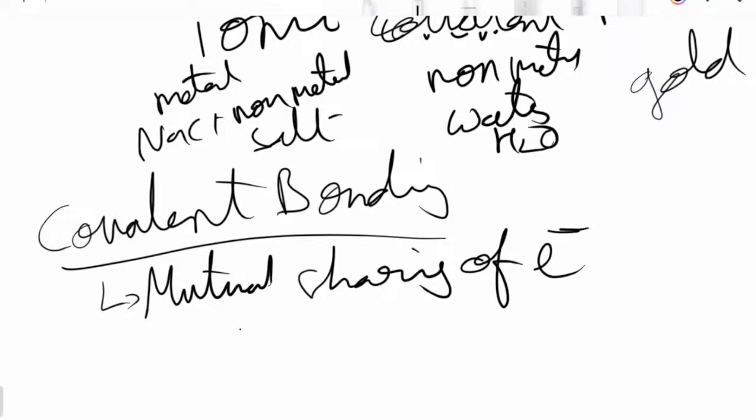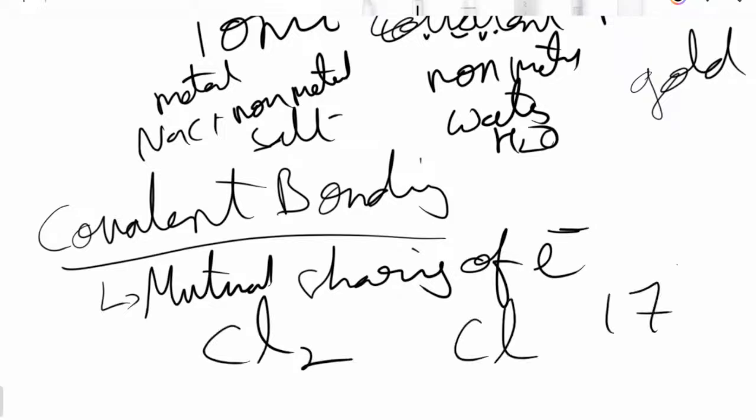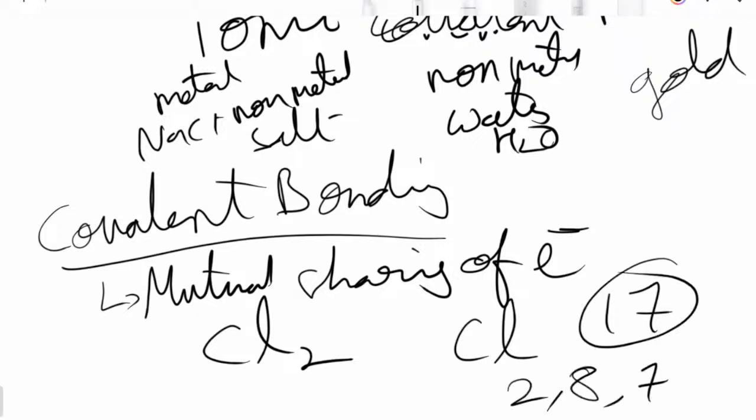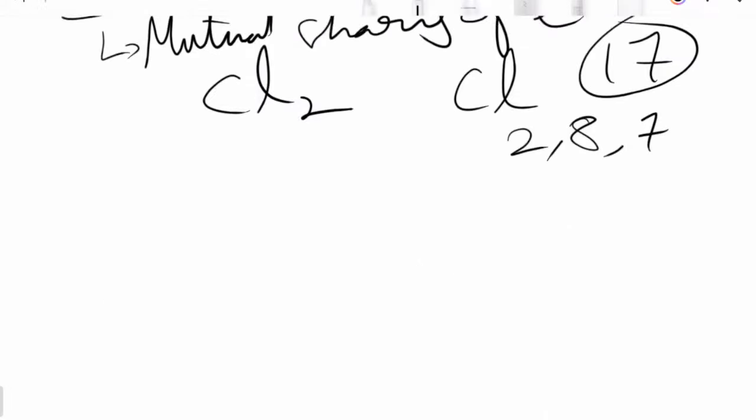For example, there is Cl2. What is the atomic number of chlorine? 17. So what is the distribution? The electronic configuration is 2, 8, 7. So Cl has 7 electrons in the outer orbit, which is one electron away from octet.